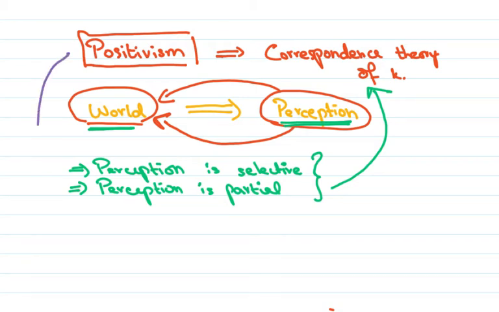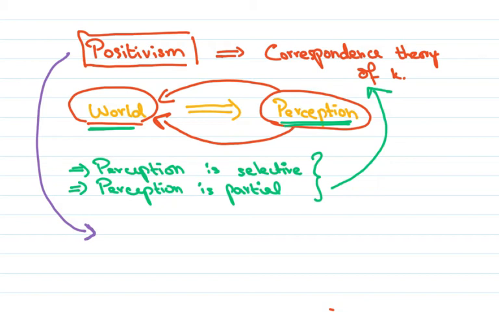What positivism really implies, if you truly believe in it, is that the outside world is something that we can perceive in a holistic manner. That is what positivism assumes.